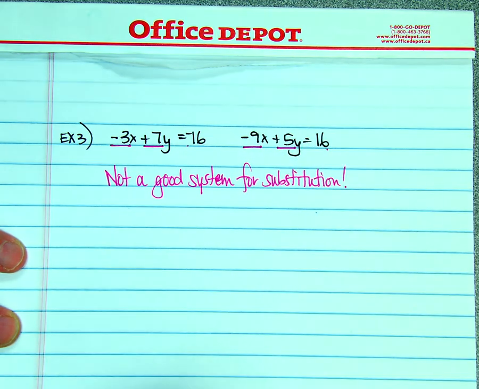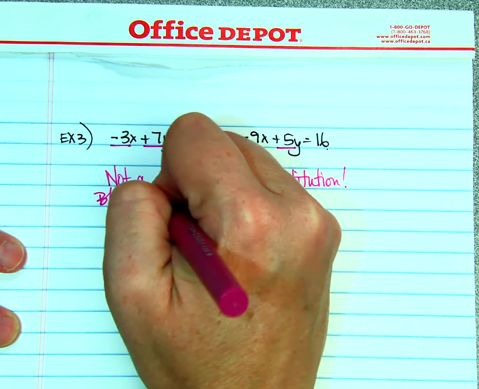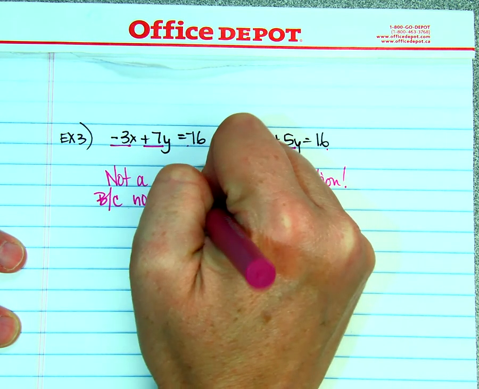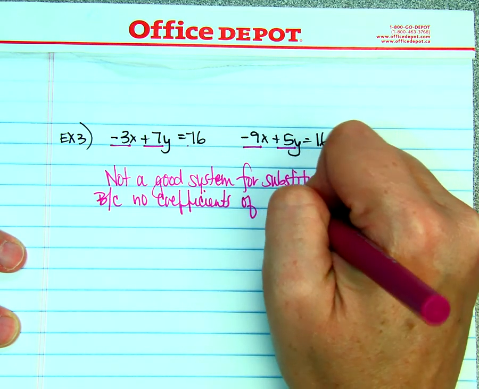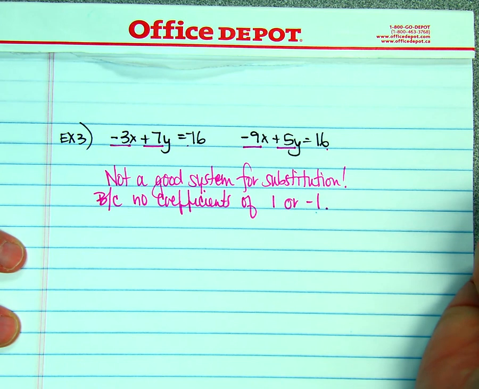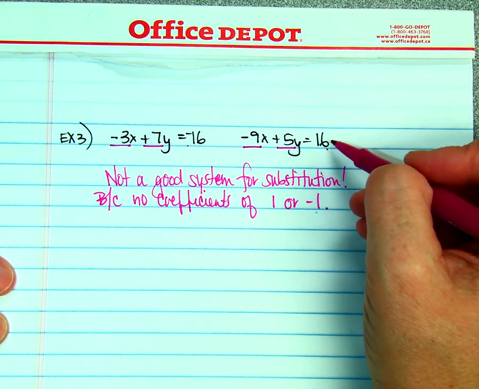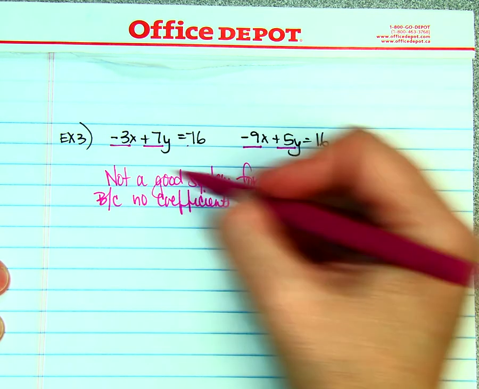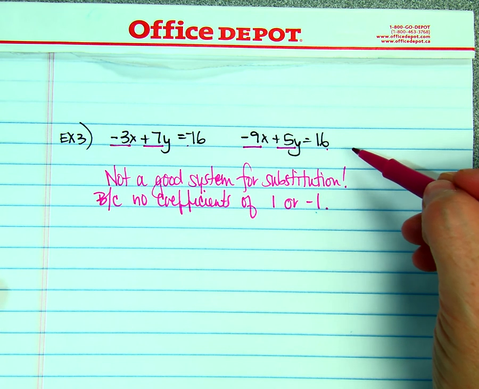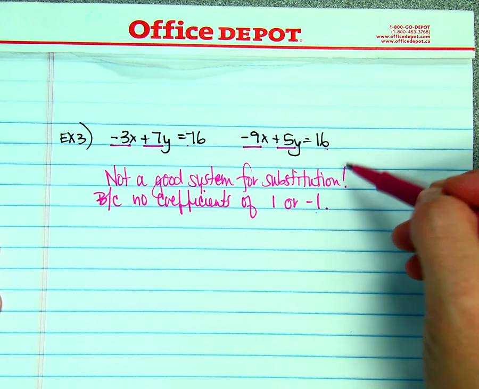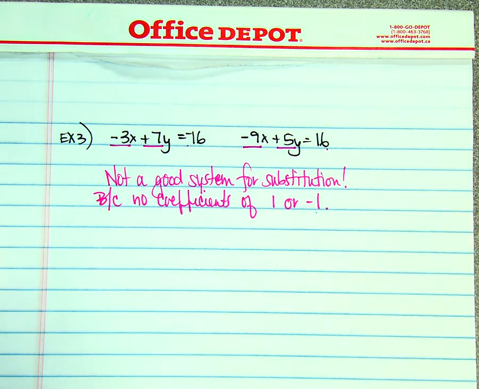Would not be a good system for substitution, and that is because no coefficients of 1 or negative 1. This would probably be fairly ugly graphing as well. So this would be a good candidate for the next method, which is going to be elimination, which we are not learning today. But just know that there are good times to use substitution and some not so good times to use substitution.